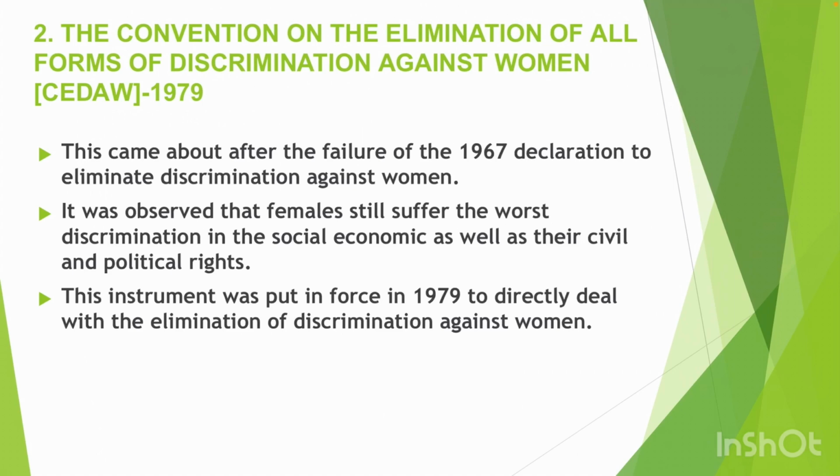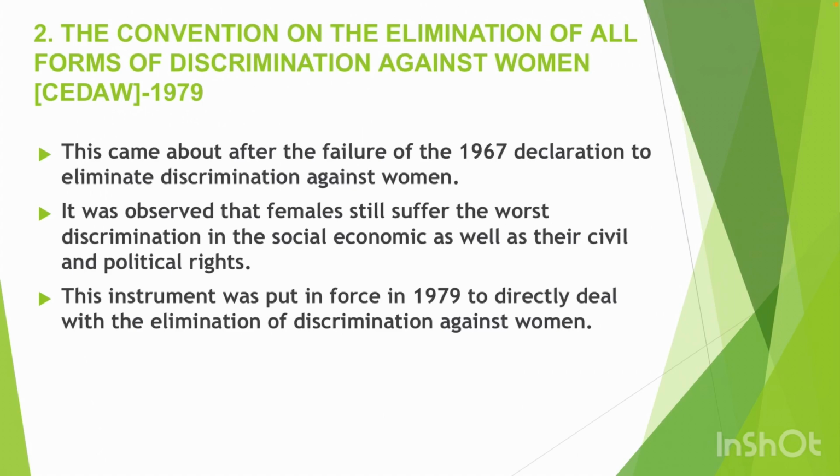So this came about after the failure of the 1967 declaration to eliminate discrimination against women. It was observed that females still suffer the worst discrimination in the socio-economic as well as the civil and political rights.